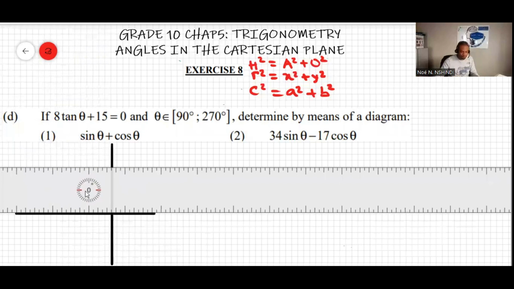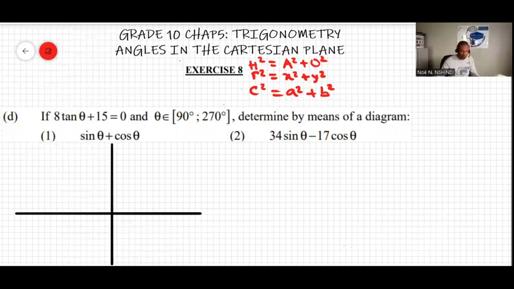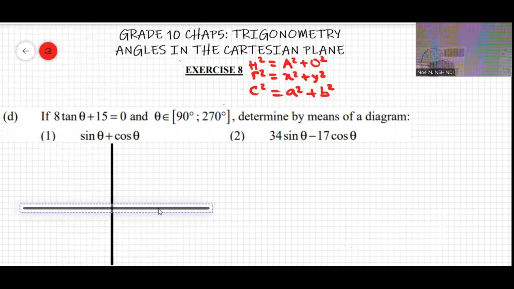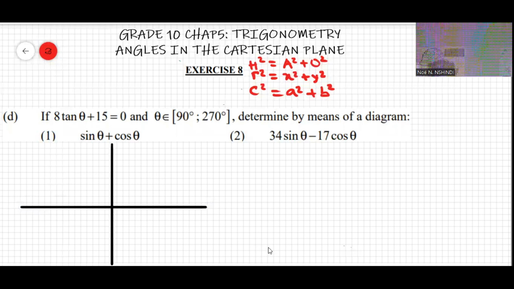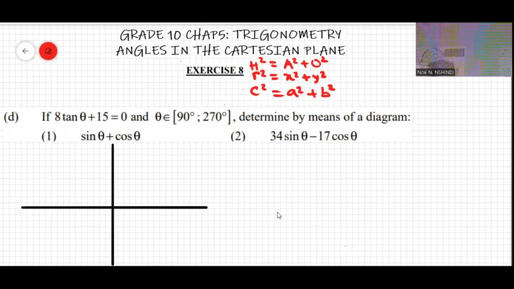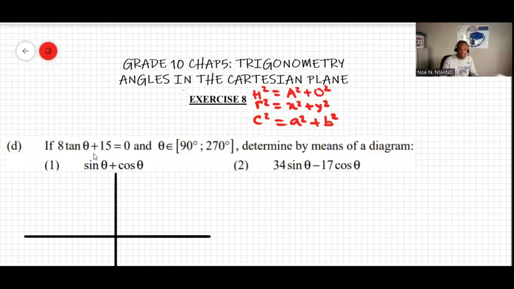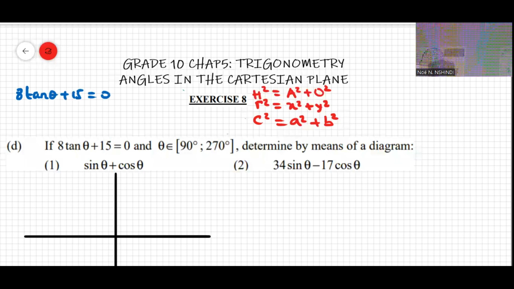Let me move it a little bit there. Now, we have 8 tan theta plus 15 equals 0. So we move 15 over, that makes negative 15.